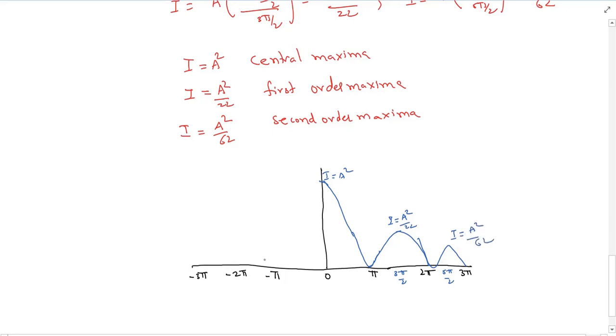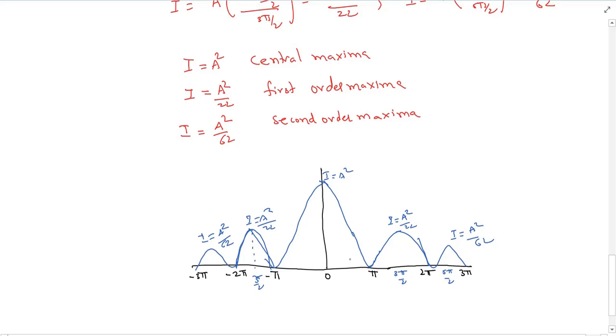Similarly on the other side, we are going to get at 3 pi by 2 again I equal to A squared by 22, and I equal to A squared by 62.